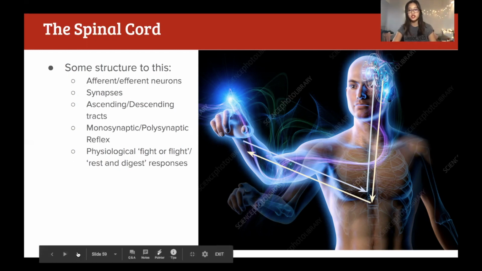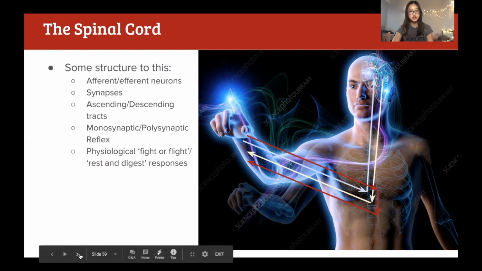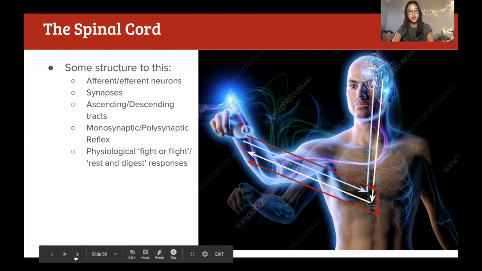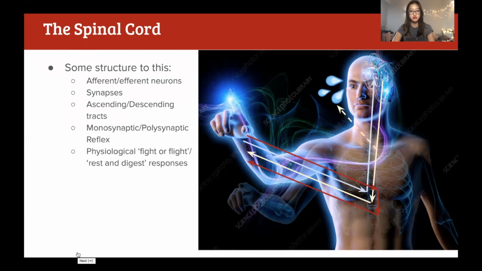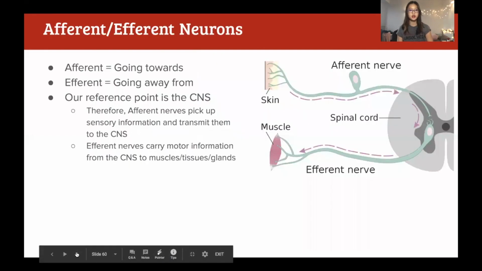A reflex arc would go simply just like that. It's very quick and takes place without involving the brain. And then last but not least, your physiological fight or flight or rest and digest responses. These are involuntary, and these come from your brain, and there we have it right there. That's a physiological response. So this is the concept diagram of what I'll be talking to you guys about.